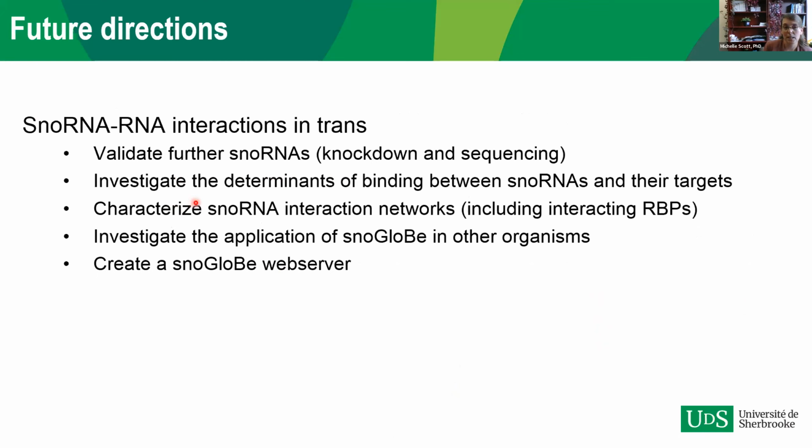We're interested in investigating the determinants of binding between snoRNAs and their targets. We want to characterize snoRNA interaction networks, including which RNA binding proteins might be interacting with the snoRNAs to carry out these non-canonical functions. We want to investigate whether SnoGloBe functions well in other organisms, and as I said, we're creating a web server.